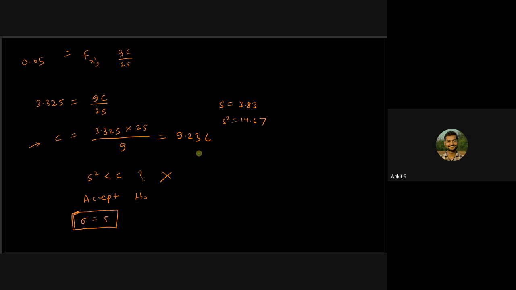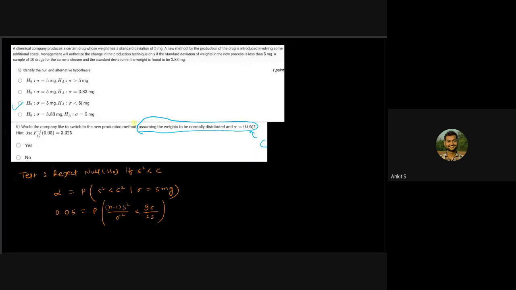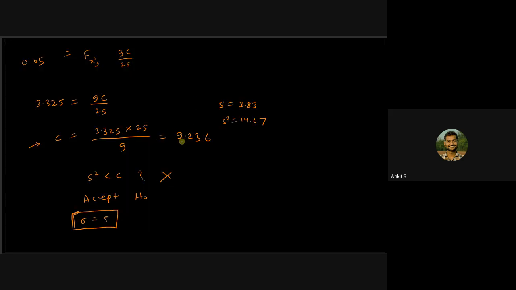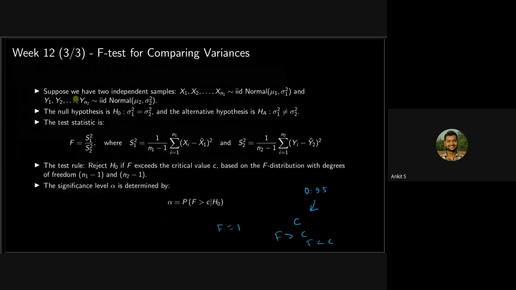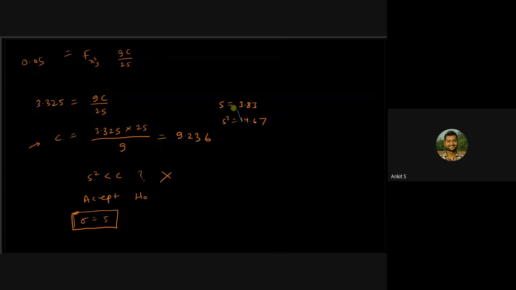Then we try to compare this value of C, critical value, with S squared, the sample value we are given. Sample of 10 drugs for the same chosen, and the standard deviation in the weight is found to be 3.83. So S squared is 14.767. Is it less than C or is it greater than C? So look at the alternative. We will reject the null if it is less than. The sample standard deviation is greater than, right?